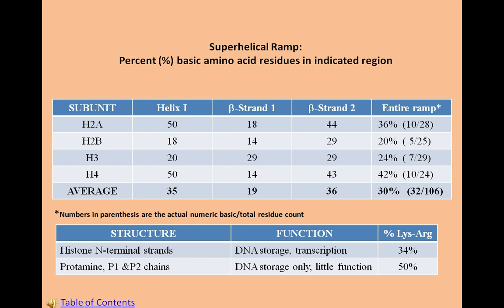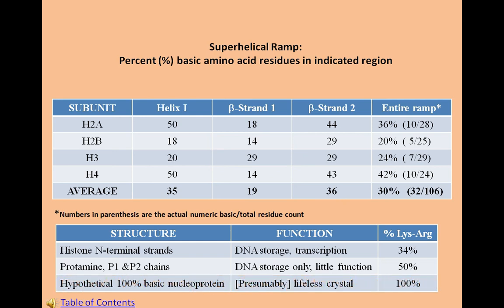I would presume, for example, that a hypothetical protein-DNA complex whose protein component was 100% basic residues would be an inert, lifeless crystal. At 50% basic residues, such as is found in protamine, we see a fluid but metabolically inert storage environment, useful mainly for passing DNA from one generation to the next.